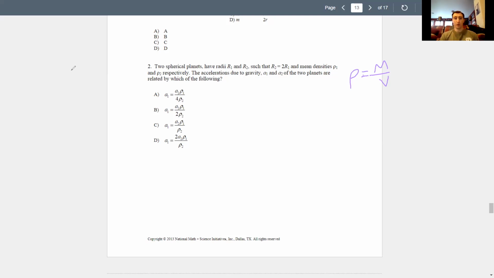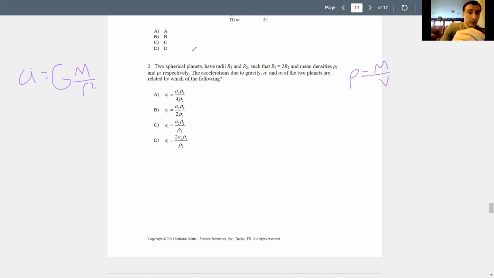All right, so we need to get an equation that says the acceleration of planet 1 equals this. Well, if you remember, our acceleration due to gravity equation was this. Instead of calling it little g, because that's what we do on Earth, we'll just call it a. So let me erase this because we're going to use this equation a little bit later.